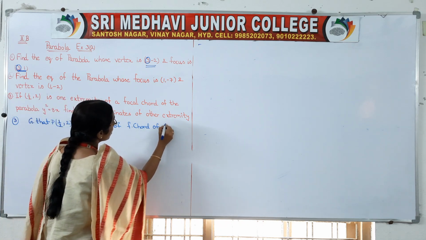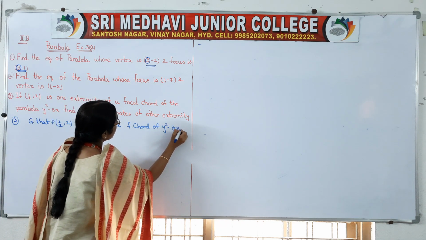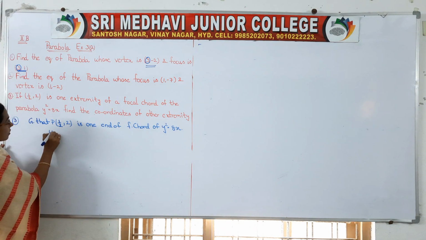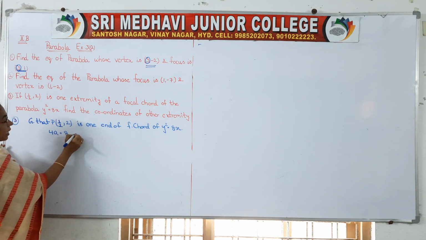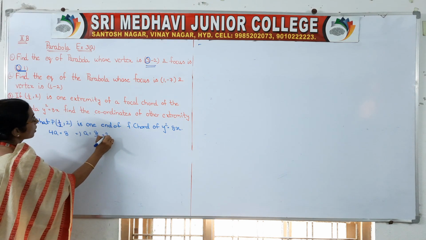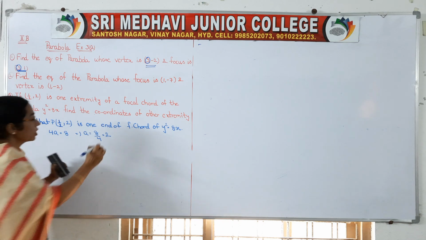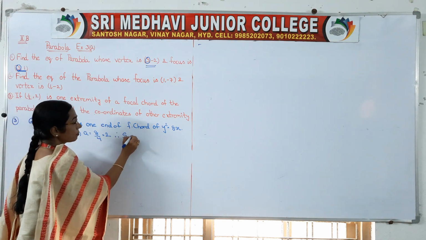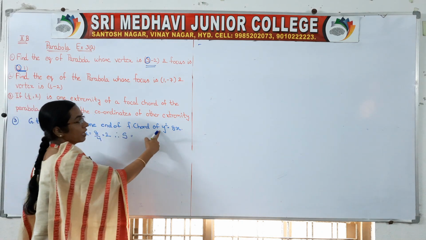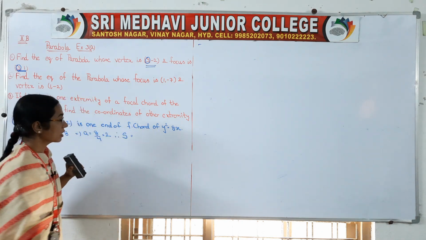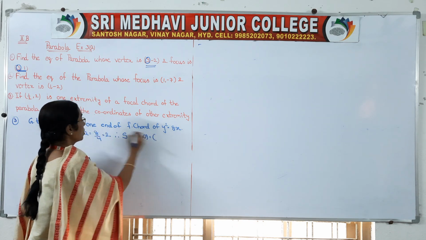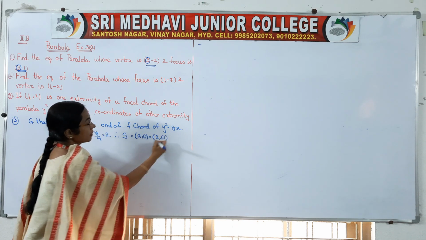What is that parabola? y square is equal to 8x. So compare with y square is equal to 4ax. 4a is equal to 8, so a is equal to 8 by 4, that is 2. So what is your focus? Focus S, whenever y square is equal to 4ax, the focus formula is (a, 0). So it is (2, 0).